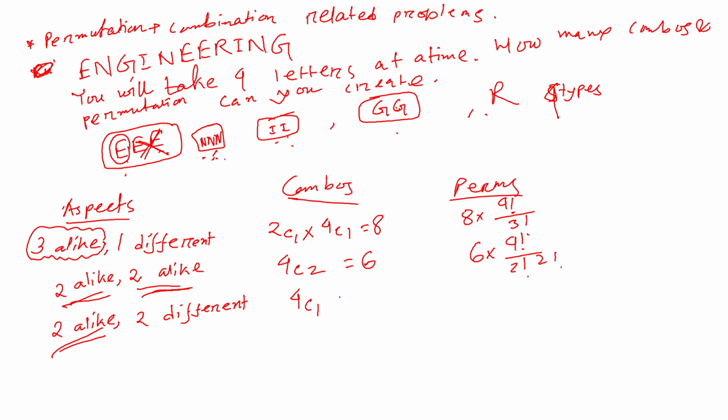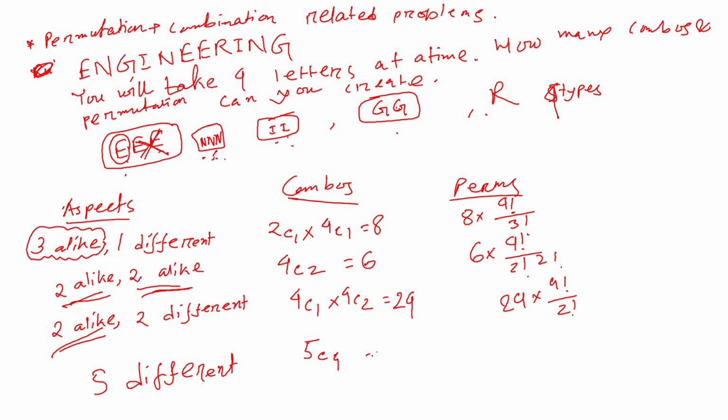So that will be multiplied by 4C2. Then you will get a particular answer, that is 24. And then it will be 24 times 4 factorial over 2 factorial. And in the last scenario, you could choose five different.